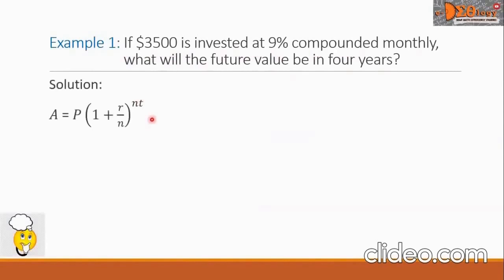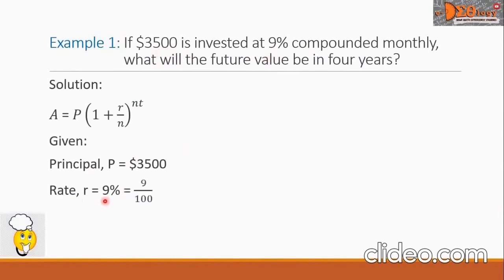And then, let us collect the given values of the problem. First is the principal P, and that is $3,500, followed by the rate, denoted by R, and that is 9%. And this percent we will convert into decimal.